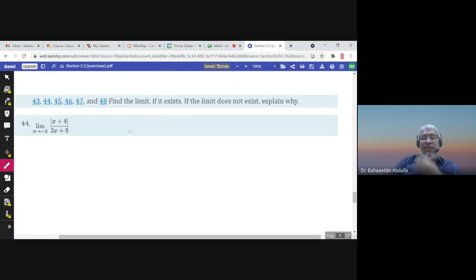Find the limit if it exists. Well, this is an absolute value. You need to write the absolute value again. You need to understand that absolute value has two branches. It's a piecewise function. Either it becomes x plus 4 or negative x minus 4.